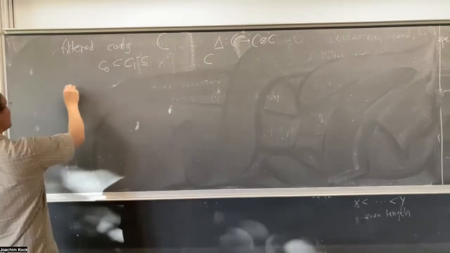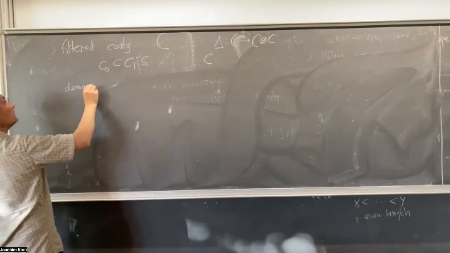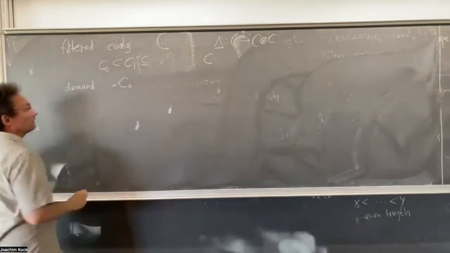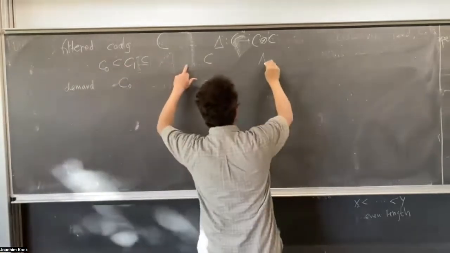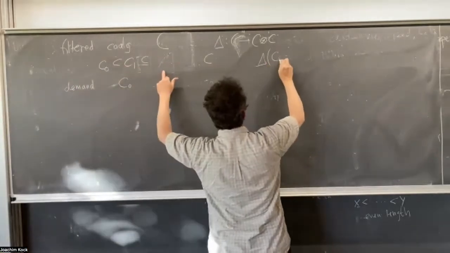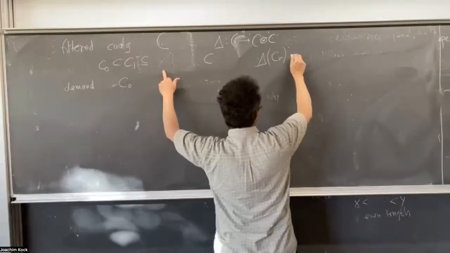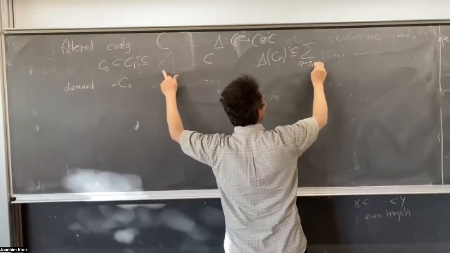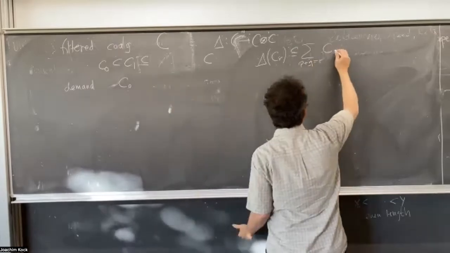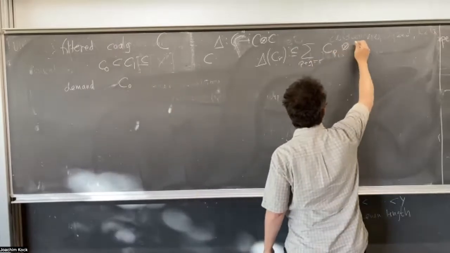And for this to be a filtration, that means that if you co-multiply something of filtration degree r, then you land inside the pieces like this.